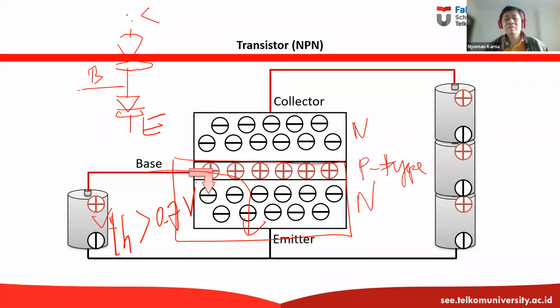Then a current will go through the base to the emitter.